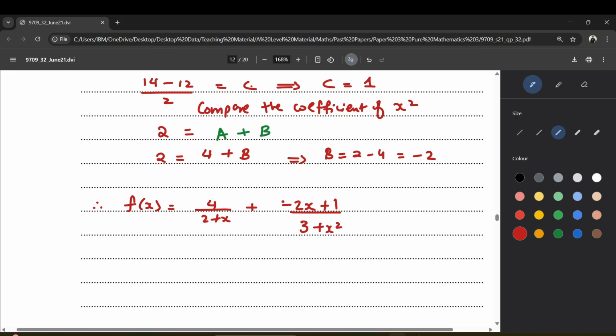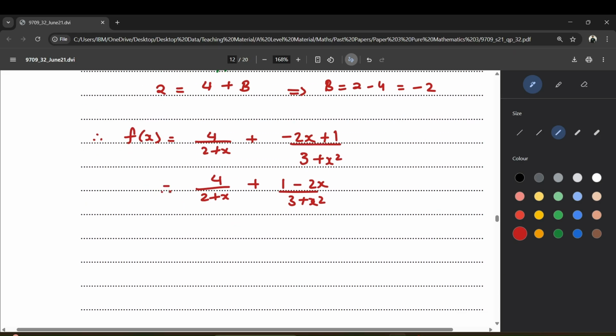Now in order to avoid the confusion with plus or minus, it's better that you write it in this form: 2 plus x plus 1 minus 2x over 3 plus x square. You can just write 1 over here, and now that confusion is gone. So this is our answer to part A.